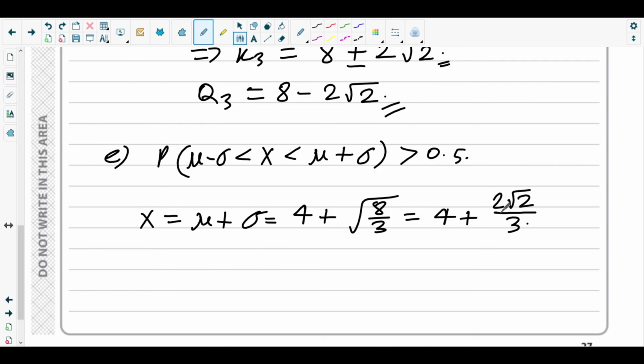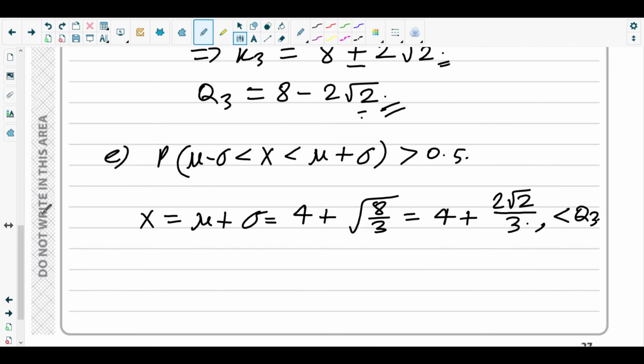Divided by what? 3. It's basically 4.94 something. Okay, and the Q3 we got 8 minus 2 square root of 2. So 8 minus 2 square root of 2 gives us 5.17, which is less than Q3.